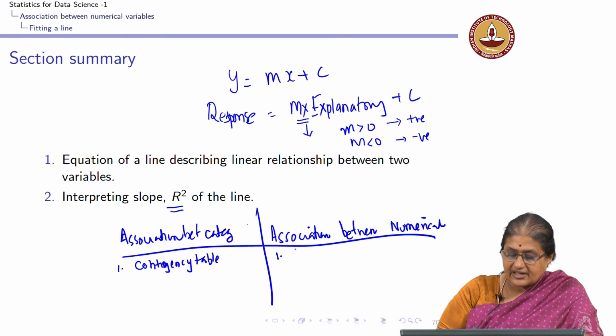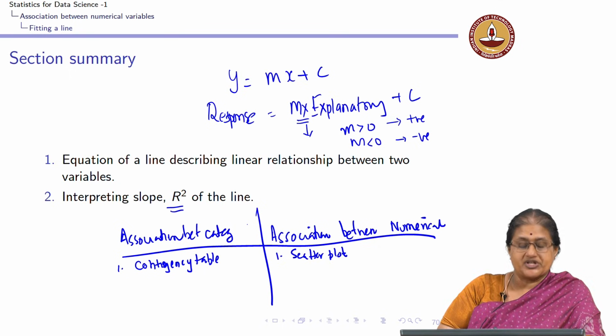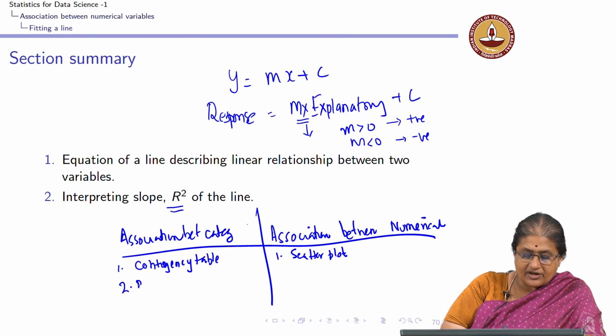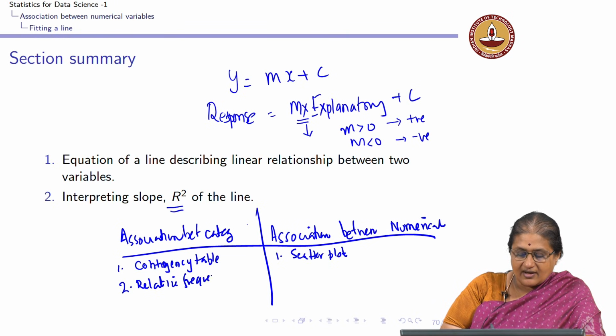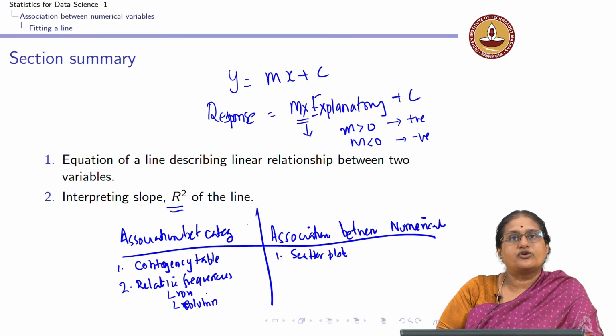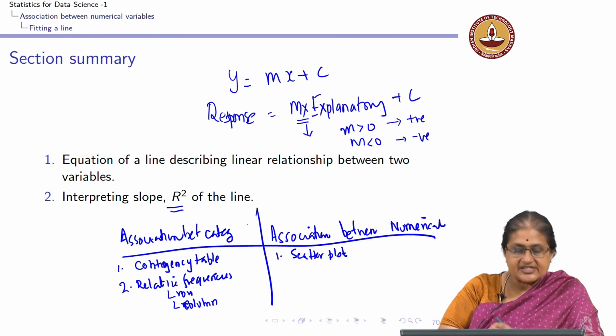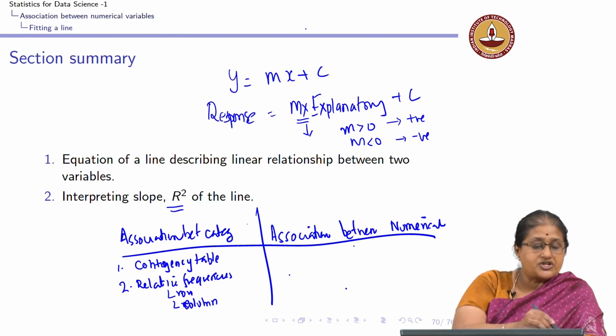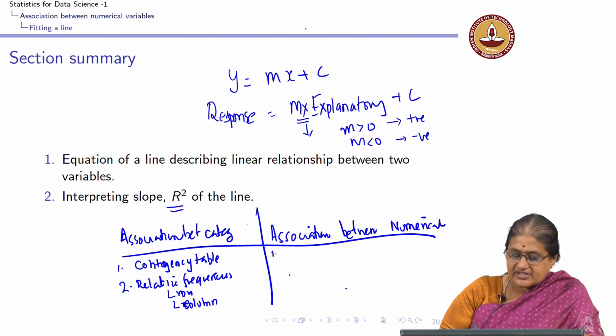Then we introduced the notion of relative frequency. Here we looked at row relative frequency and column relative frequency. If they are the same for all rows and columns, then there is no association. Then, when we looked at association between numerical variables, we started by looking at a scatter plot.